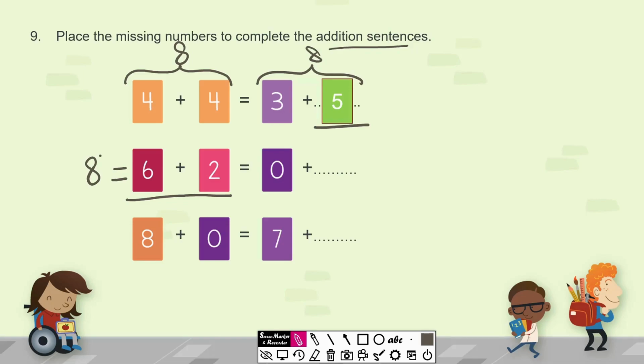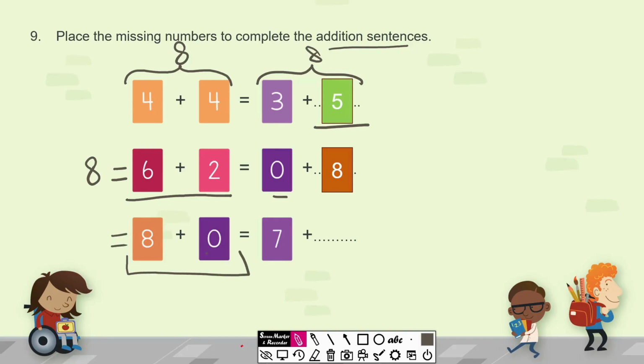Yes. So, 0 plus, when we add 0 to anything, it will remain same. That's why 0 plus 8 is equal to 8. Okay, let's check the answer. 0 plus 8 is equal to 8. Very good. Now 8 plus 0.